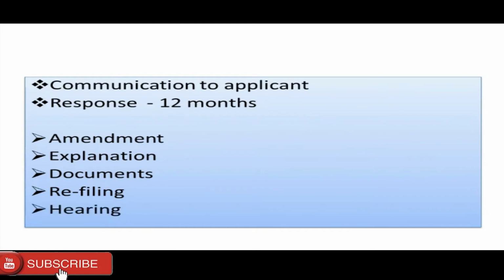And there can be a hearing also in front of the Controller of Patents. All these can be done, and if you can successfully explain the objection, then it goes further.